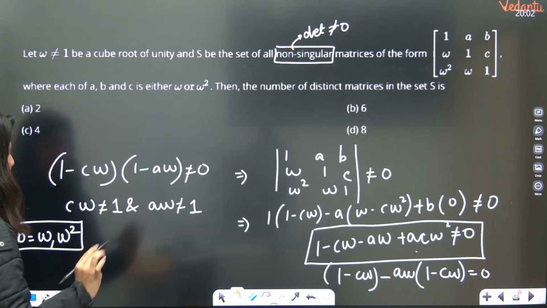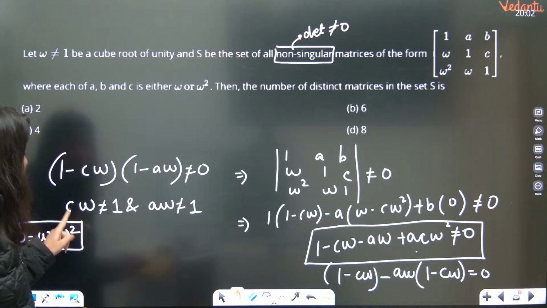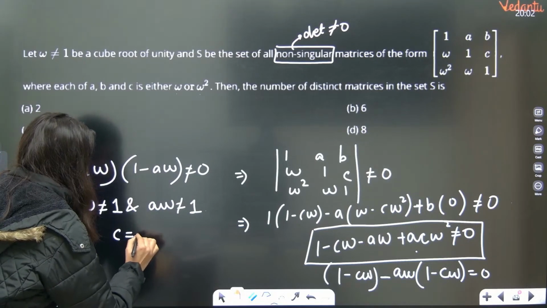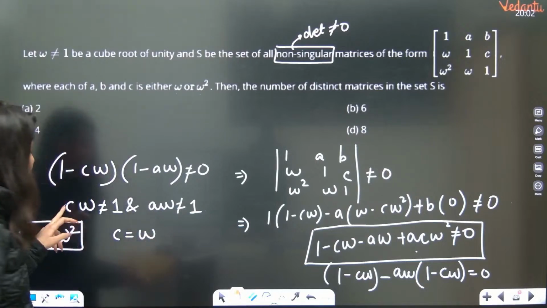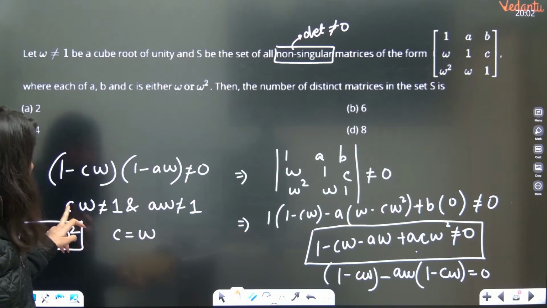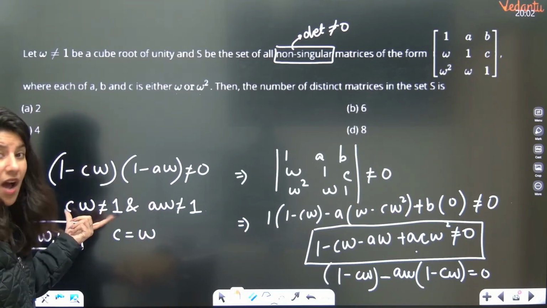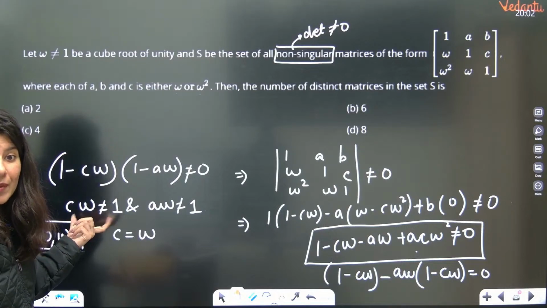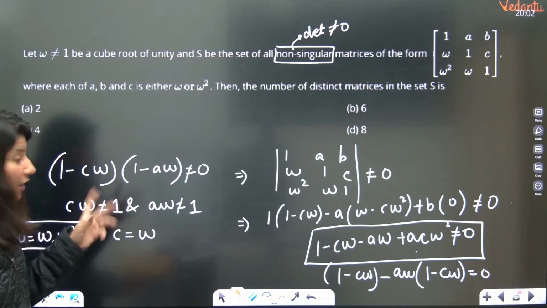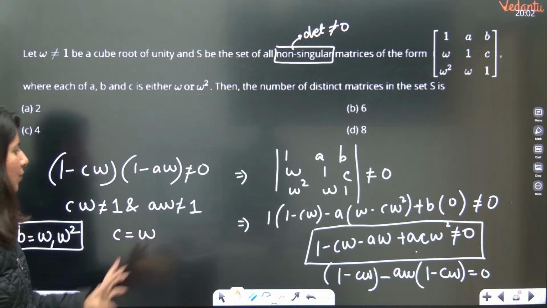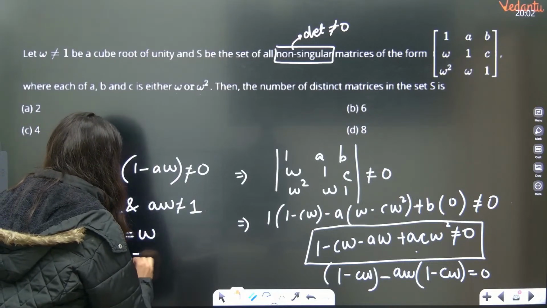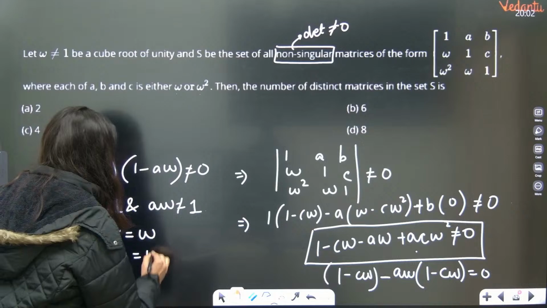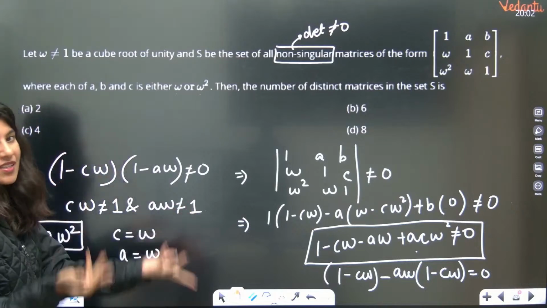But C cannot be omega square. So C can only be omega, because if C is omega square, then omega square into omega cube will become 1, which we don't want. Same, A also cannot be omega square, but A can be omega, because omega square is not 1, we know.